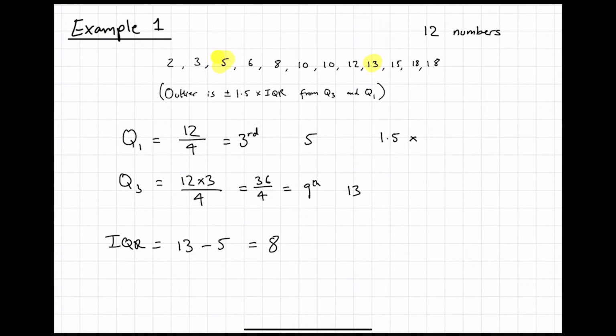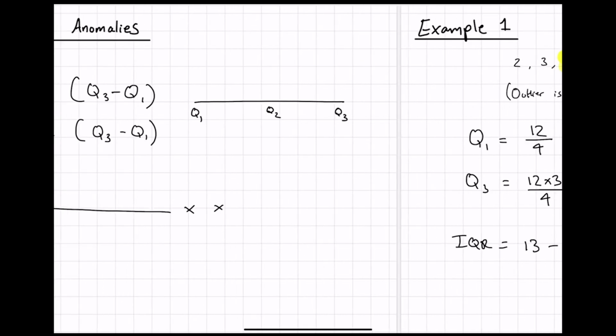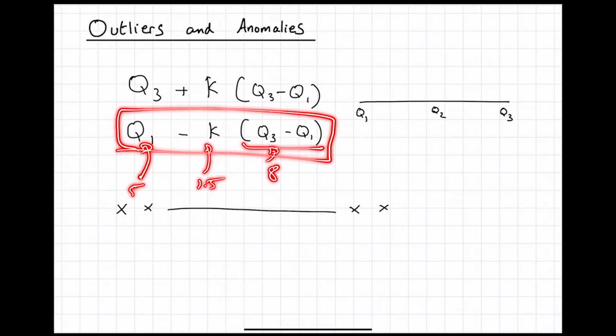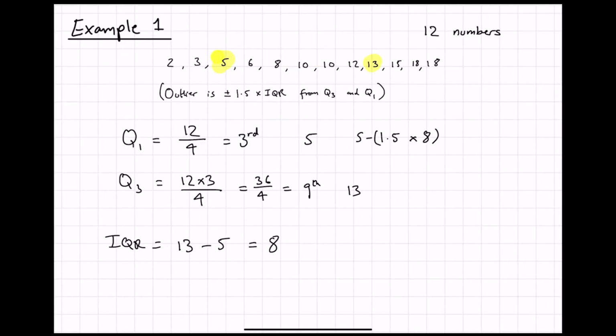So anything which is 1.5 times 8, and then our lower quartile is 5. So we do 5 minus 1.5 times 8, just following from this equation over here. We found Q1 to be 5, we have 1.5, and we just found the interquartile range of this whole thing was 8. So coming back to here, that's what we get.